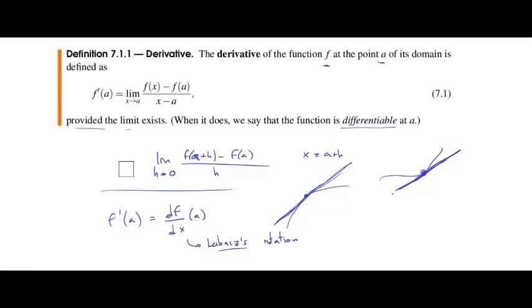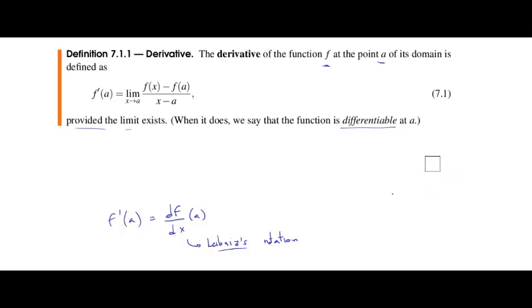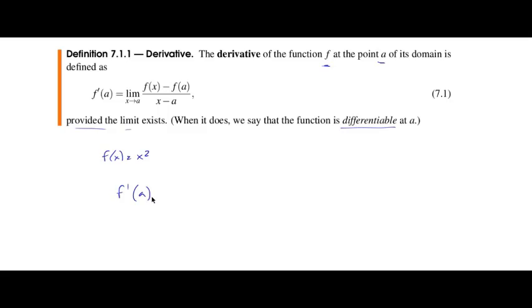Okay, so let's compute some derivatives. Let's get some examples. What's the derivative of x squared? Well, f prime at a is the limit when h goes to 0 of f at a plus h minus f at a divided by h. But f of a plus h is a plus h squared, and this is just a squared.